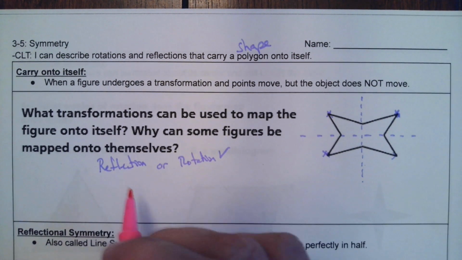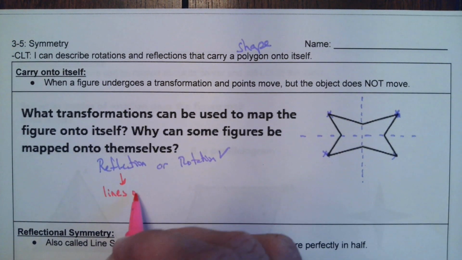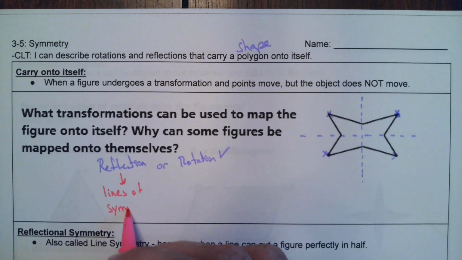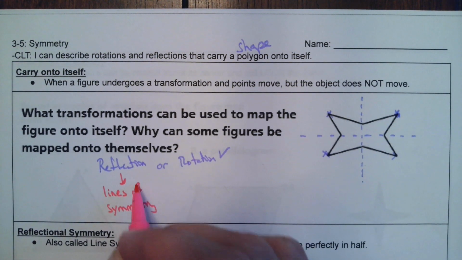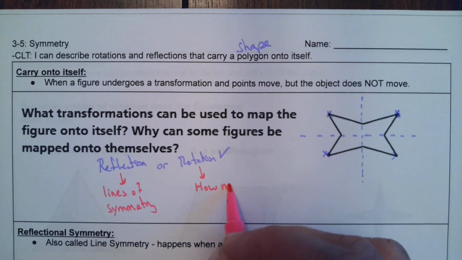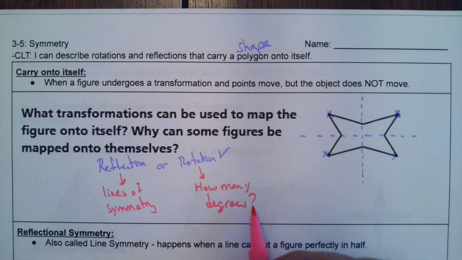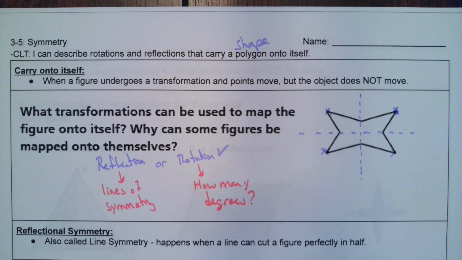So what we have to think about is for reflections, we have to find lines of symmetry. And for a rotation, we have to find out how many degrees. Those are the two things we have to determine. Now we could have both, or we could just have one.